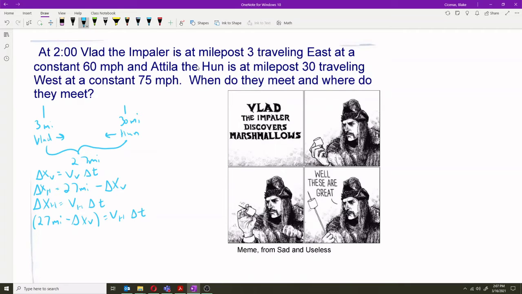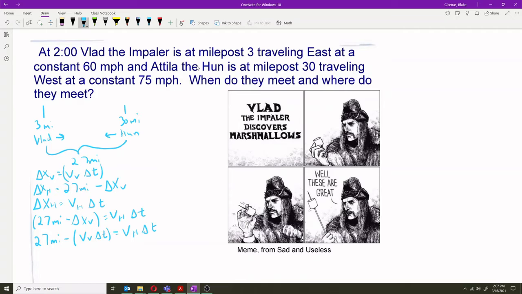And we still don't know what delta xv is, but I do know it's equal to vv delta t, so I'll make one more substitution. 27 miles minus, and I'll put in parentheses to say, hey, I made a substitution, vv delta t equals vh delta t. And I can plug in my velocities here in a second.